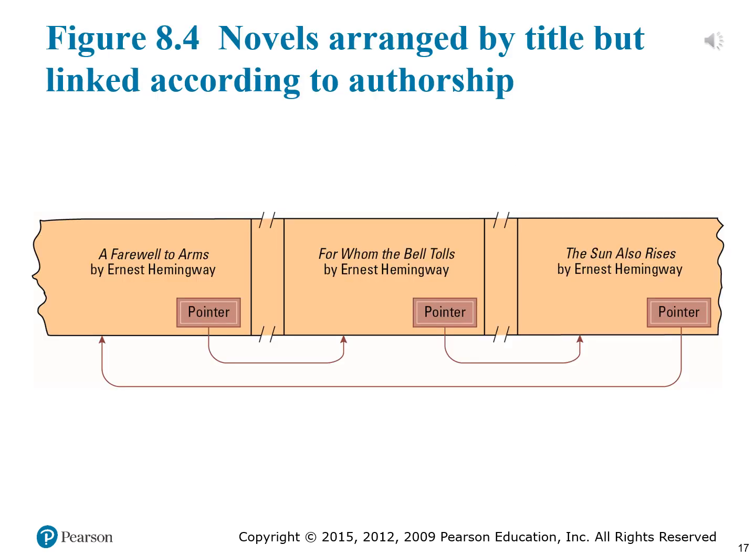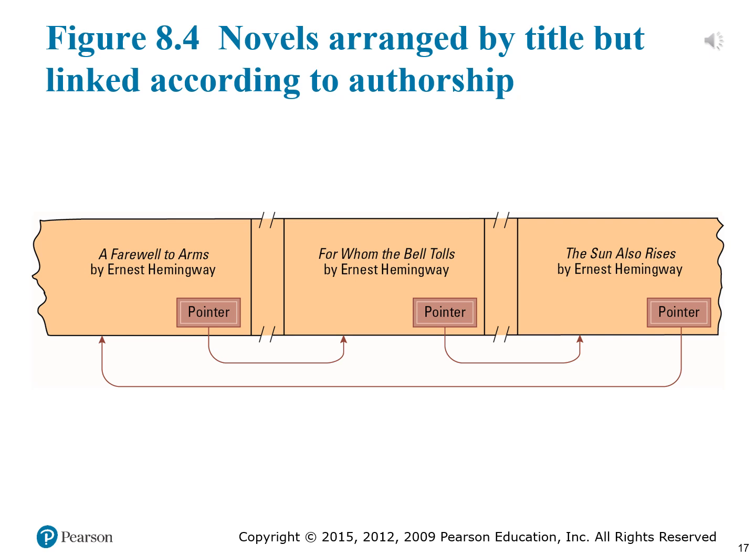As an example of the application of pointers, suppose we have a list of novels stored in a computer's memory alphabetically by title. Although convenient in many applications, this arrangement makes it difficult to find all novels by a particular author. The books are scattered throughout the list.